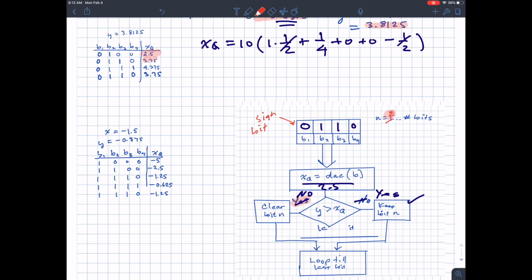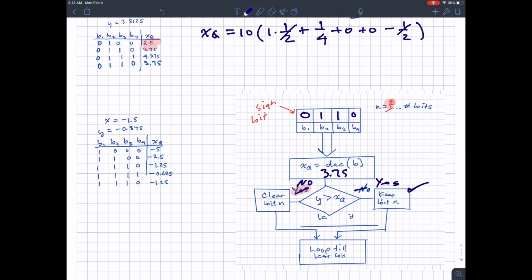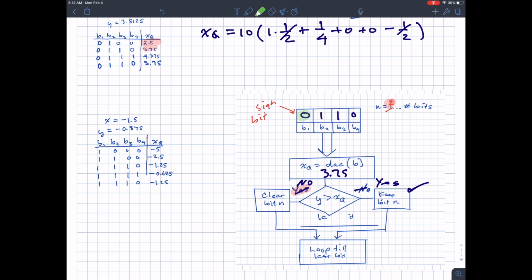We do the same type of comparison with 3.75. 3.8125 is bigger than 3.75, so we keep that bit as well. I'm going to mark the ones that we keep in green. That one's easy, we just set it with the sign bit. We keep this one, and we keep this one.